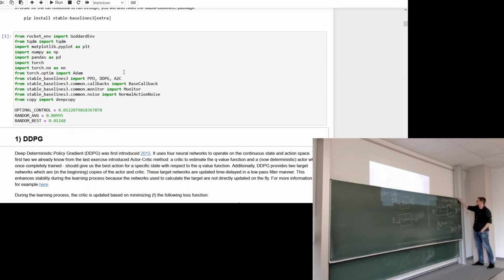So this would then be the gradient of Q w of x and u. Just the chain rule in a multi-dimensional space, of course. So that's why we are using gradients. It's probably not a scalar. If it's an easy problem, then it might be a scalar, but most of the time it won't be. And this is just the chain rule for that case. So this is how I update the actor. This is how I update the critic.